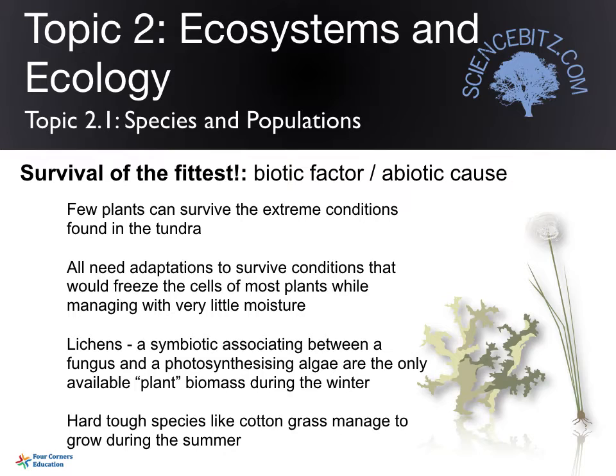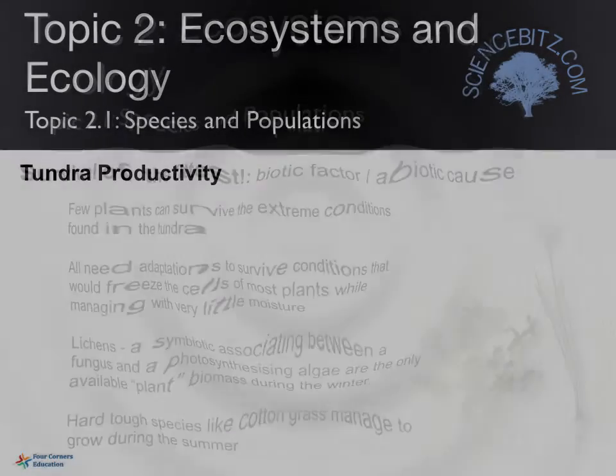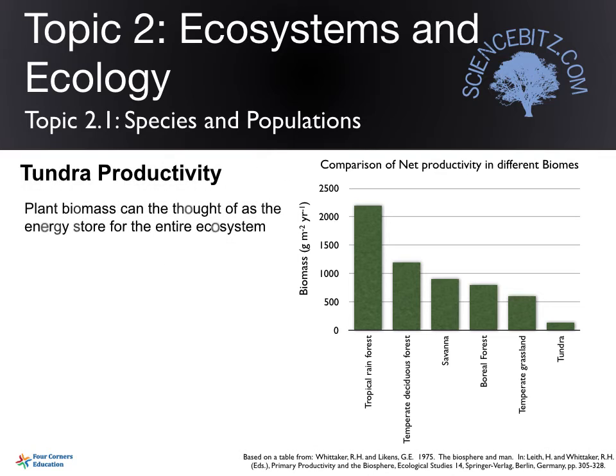So this is a cotton grass, and cotton grass is found throughout the tundra environment. It's very, very tough, and the stems are hard, and the leaves are very, very narrow. They're all designed to actually reduce water loss, and they don't freeze. So the upshot of this is that productivity in the tundra is very, very low.